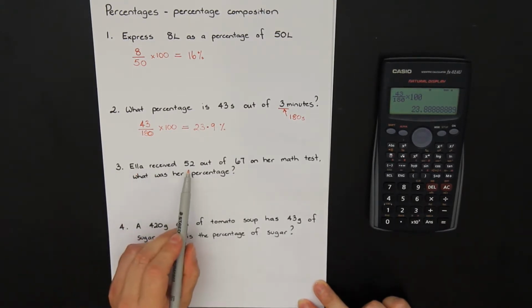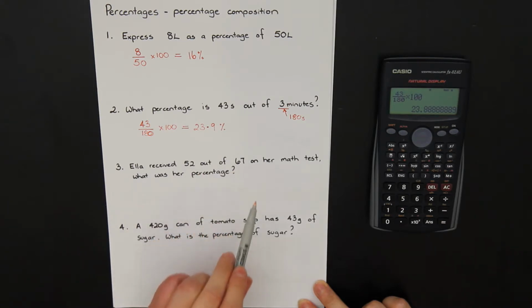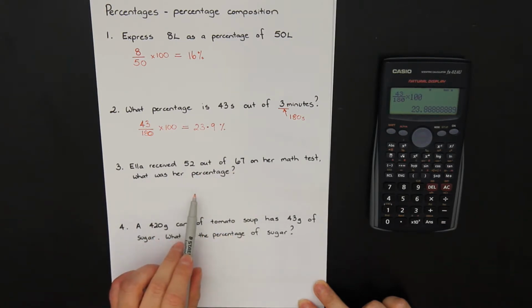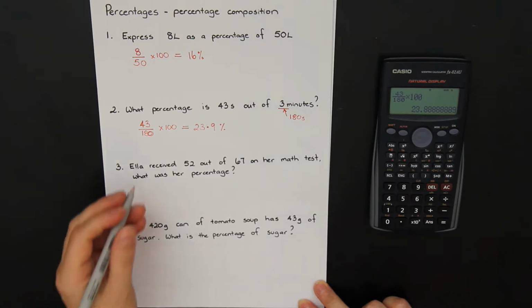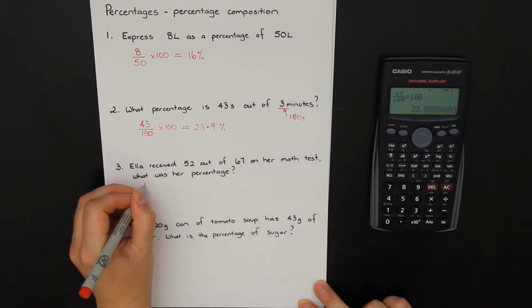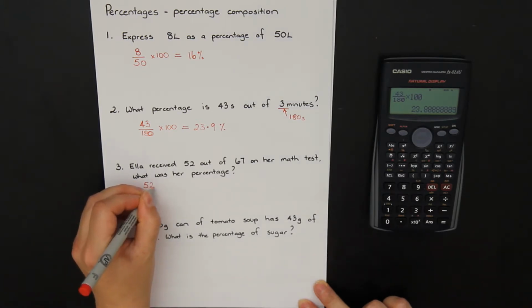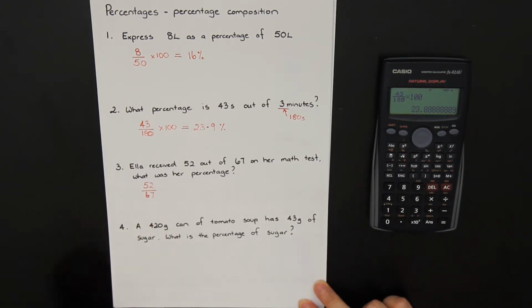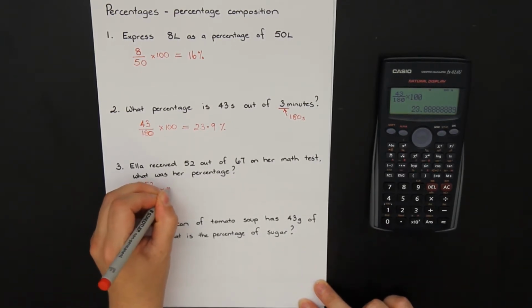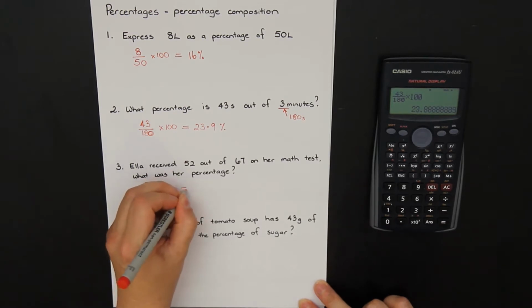Ella received 52 out of 67 on her math test. What was her percentage? Well, often you see this on the test paper. You will see 52 over 67. That's how teachers tend to write your marks, isn't it? Okay, and we need to times that by 100 to make it a percentage.